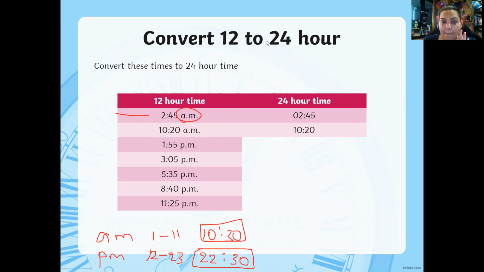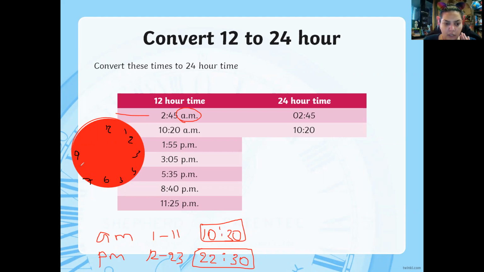1:55 p.m. So this one, if I have a clock, let me show you. Let's put a dark clock face. I have a clock and my numbers are here. So it is 12, 6, 3, 9, and 1, 2, 4, 5, 7, 8, and here 10 and 11.